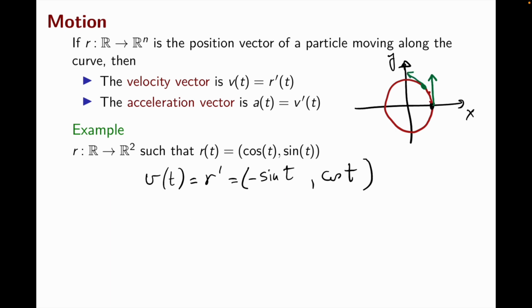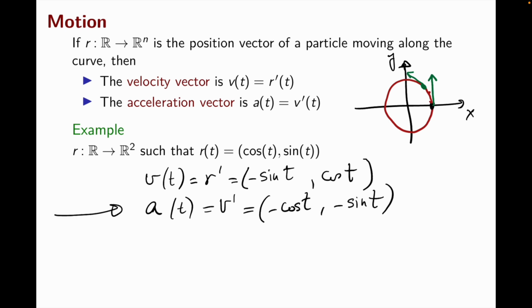To calculate the acceleration at t, it is going to be the derivative of the velocity, the one that we just calculated. So the derivative of minus sine of t is going to be minus cosine of t, and the derivative of cosine is minus sine of t.